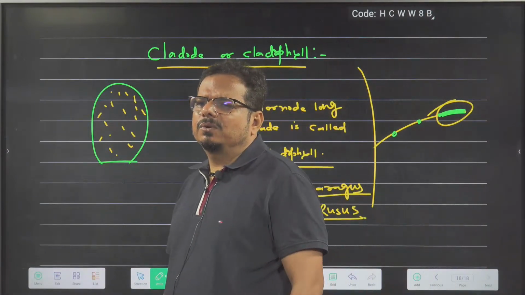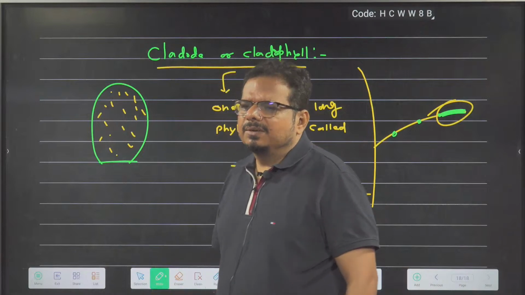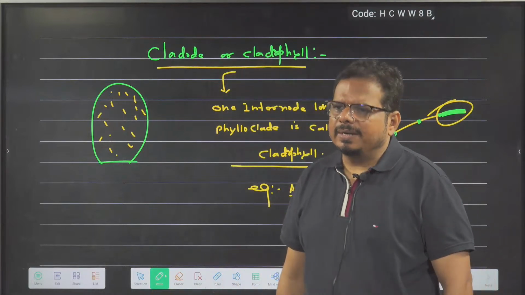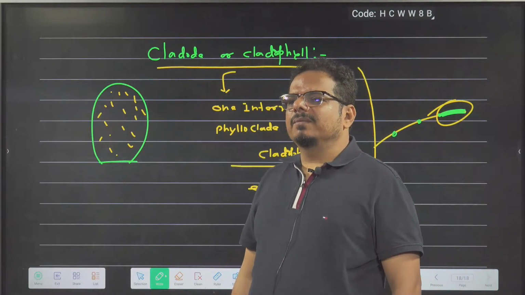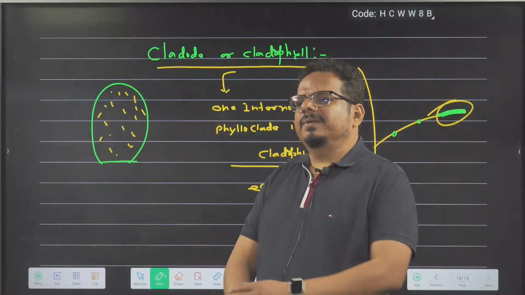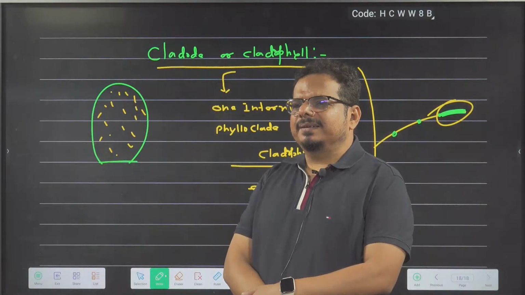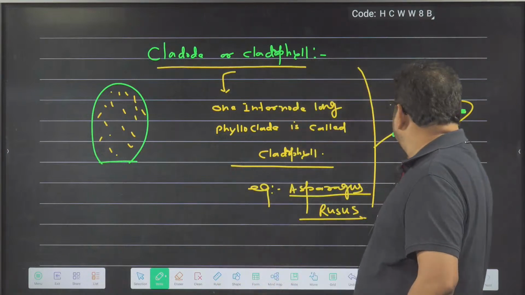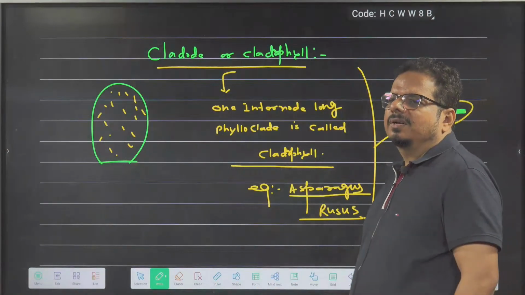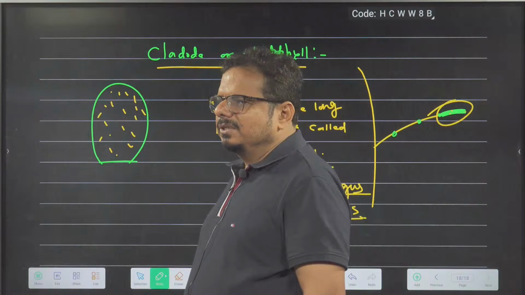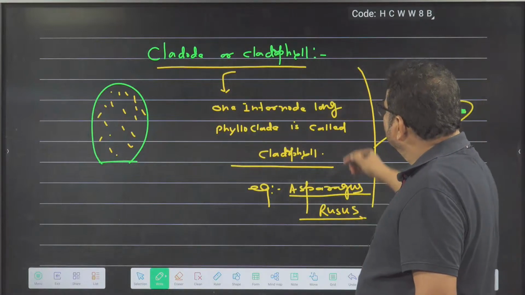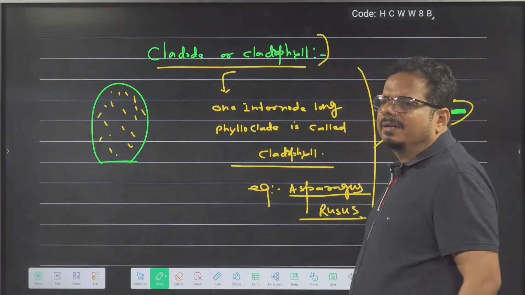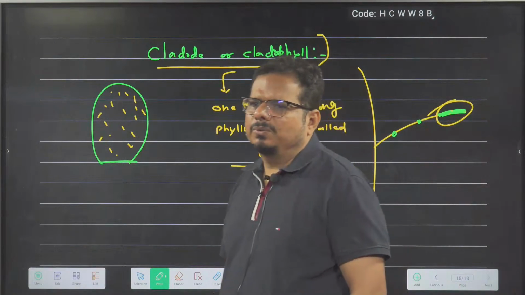That is the reason I wrote cladode or cladophyll is one internode long phylloclade. Phylloclade has every internode green and flattened, the entire stem green and flattened, and the leaf converted into a spine. Here what we are finding? Only one internode long stem becomes photosynthetic. So that is cladode or cladophyll. It is not in NCERT, but it is a related term, so I told you.